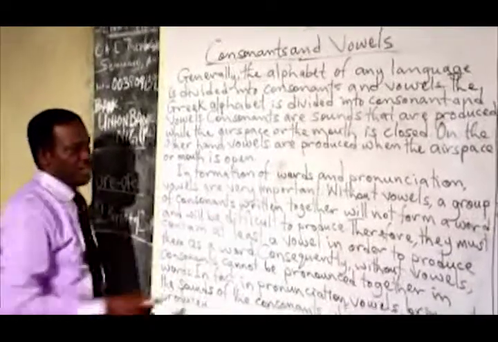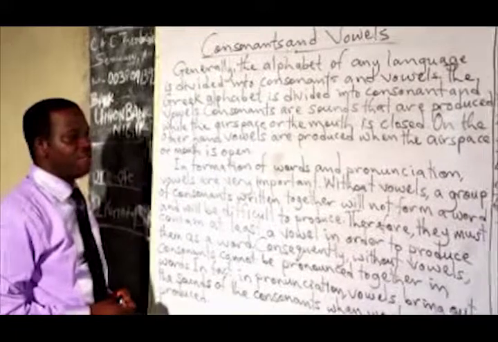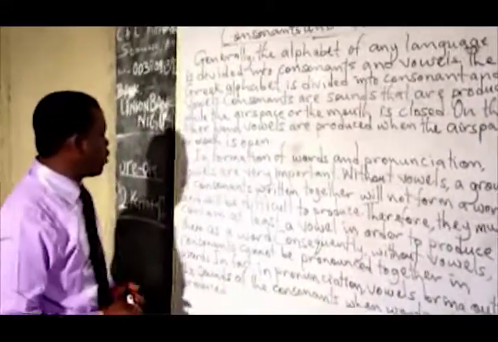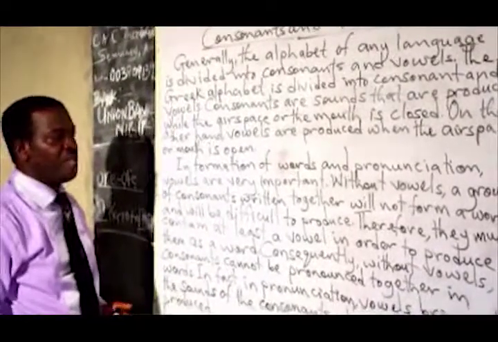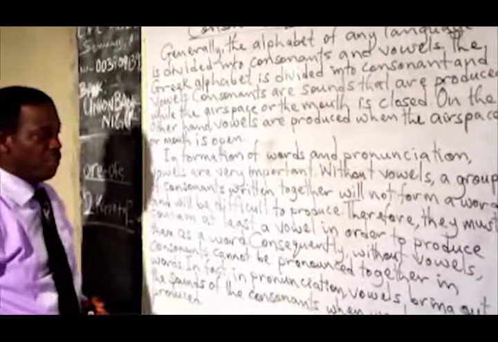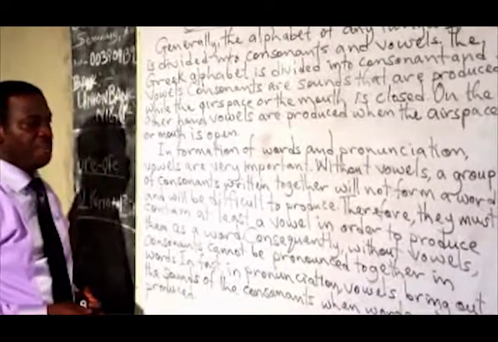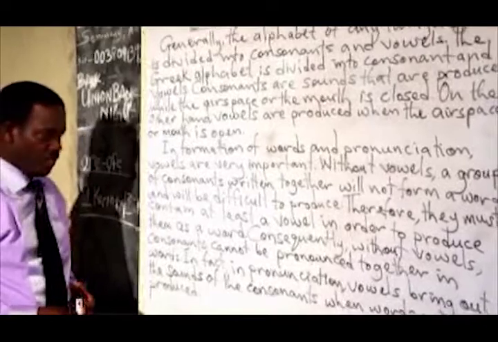In word formation and pronunciation, vowels are very, very important. Without vowels, a group of consonants written together will not form a word and will be difficult to produce. Therefore, they must contain at least a vowel in order to produce them as a word.